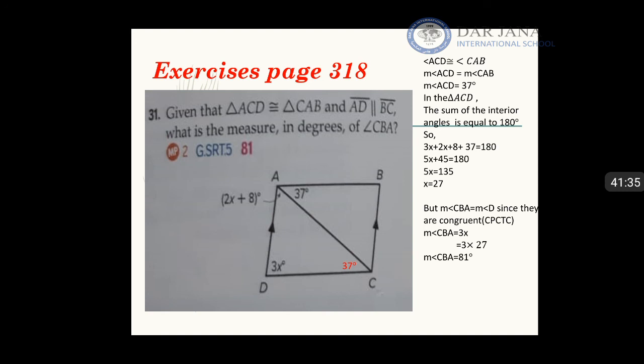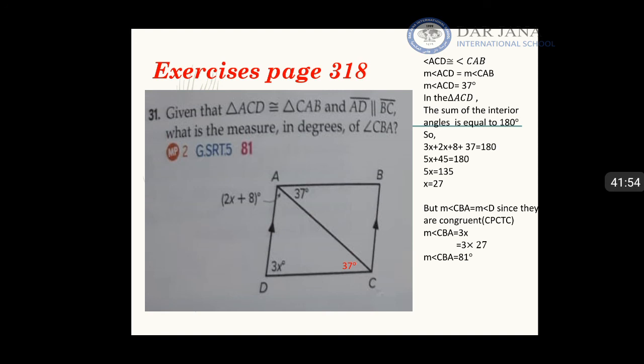So now in triangle ACD, we know that the sum of the interior angles equals 180 degrees. So if we add the measures of the three angles in triangle ACD, they must equal 180 degrees. So now we write down an equation in order to find x.